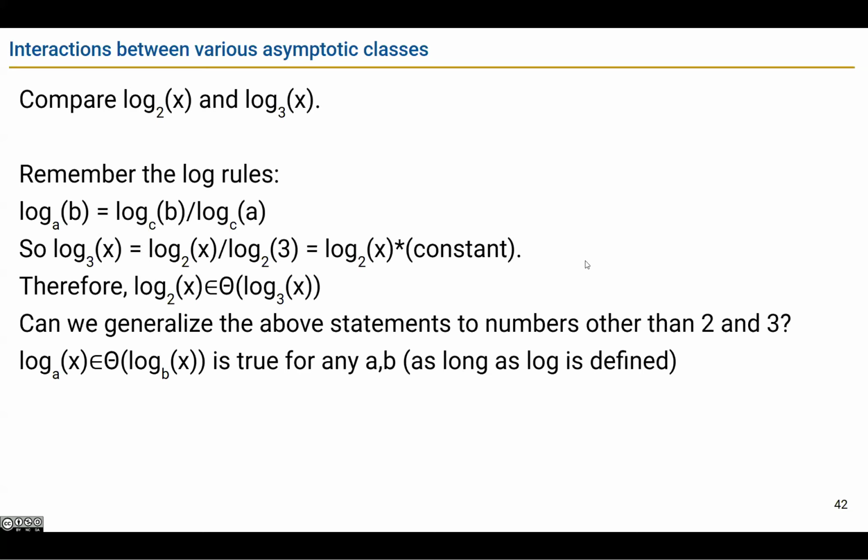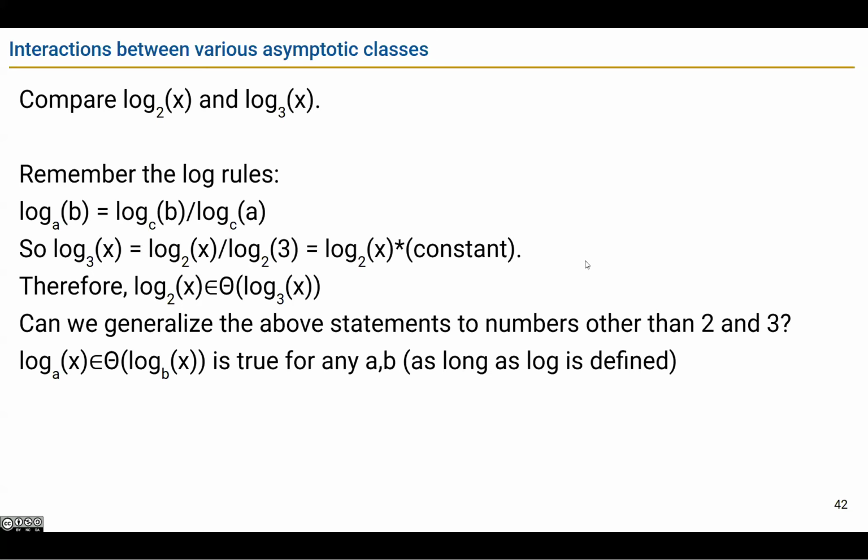If you apply this in the right way, then we can show that log base 3 of x is just the same as log base 2 of x divided by log base 2 of 3. And log base 2 of 3 is just some constant. It's somewhere between 1 and 2. So if log base 3 of x is just log base 2 of x times a constant, then what can we say? Yeah, they're just theta of each other.